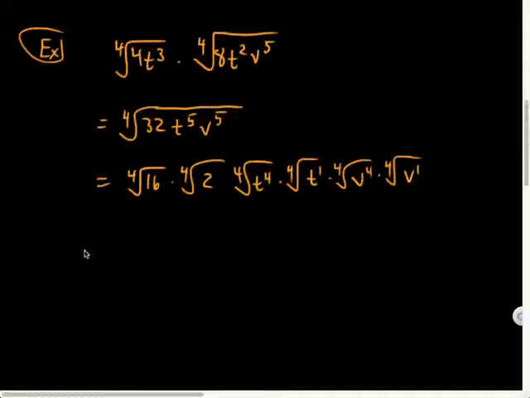Whew. Okay, let's get down to simplifying. The 4th root of 16 is 2. 4th root of t to the 4th is t. Does Connell's rule apply? Do absolute values show up? Yes, because even. 4th root of v to the 4th?